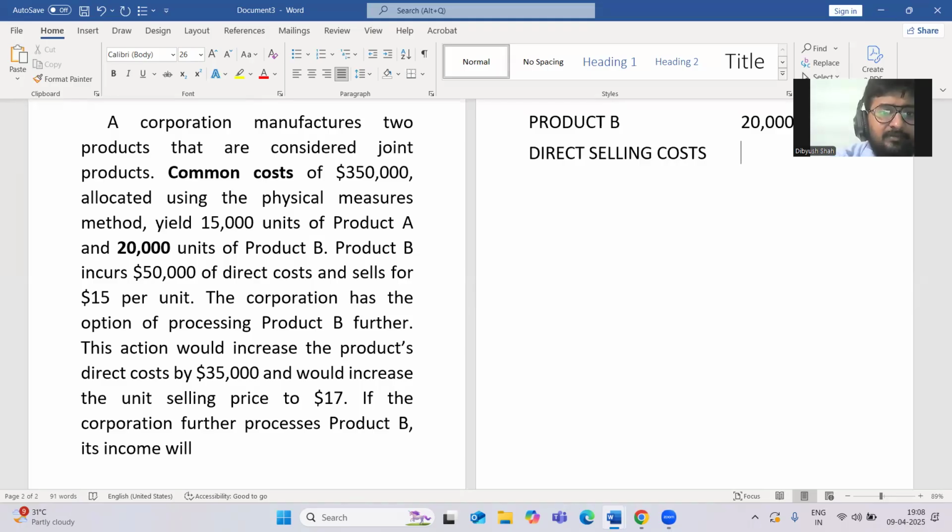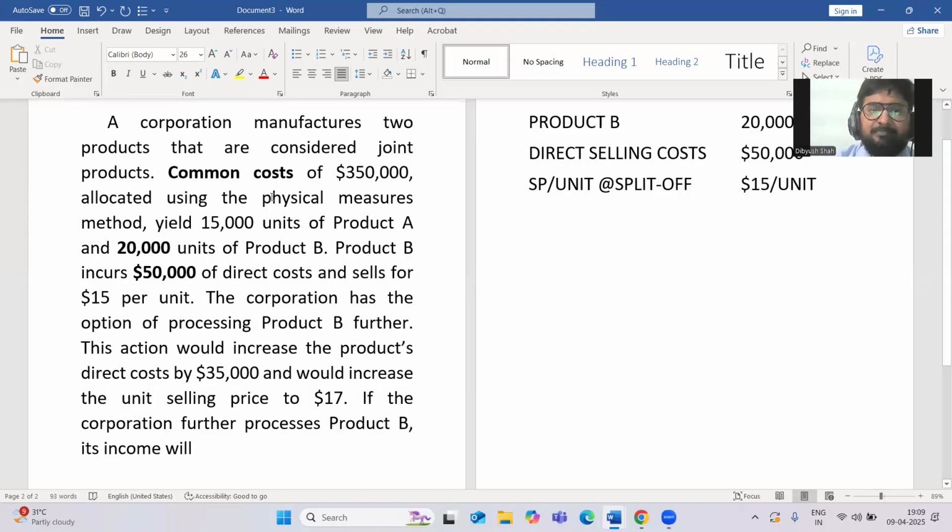How much? $50,000. This is the direct selling cost I am incurring to sell this product, and then it is selling for $15 a unit. Only after I have incurred the direct selling cost is it selling at split off for $15. So this becomes your selling price per unit at split off.